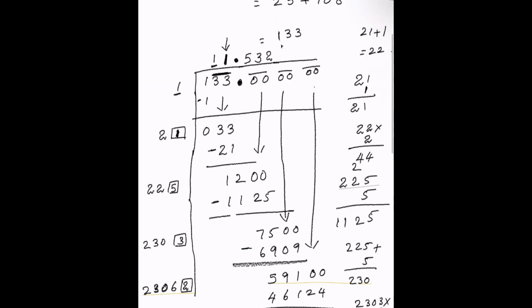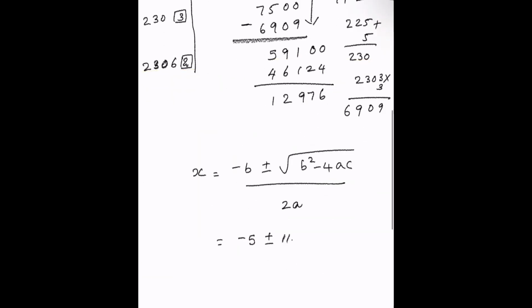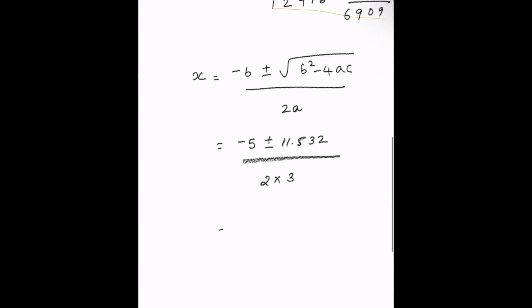That is 11.532, divided by 2 times a. What is a? a is 3. So you are getting minus 5 plus 11.532 by 6, or minus 5 minus 11.532 by 6.